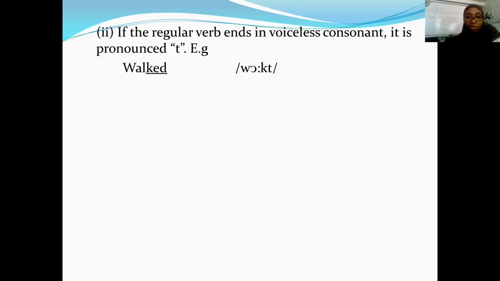So you have the word walked, you have the word missed. Because of the presence of this double s before the ed, it is pronounced as t. That's because this sound is a voiceless consonant.